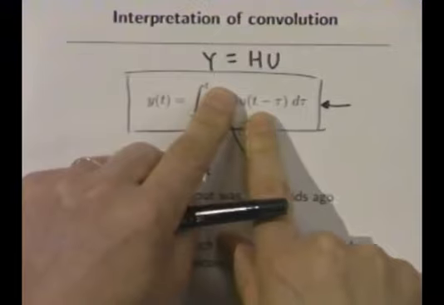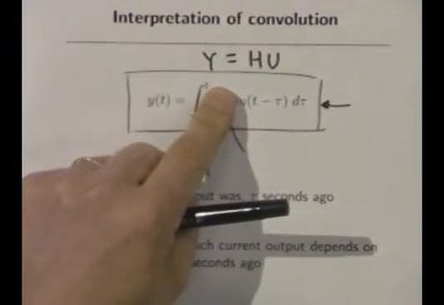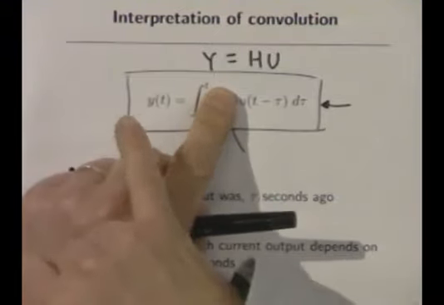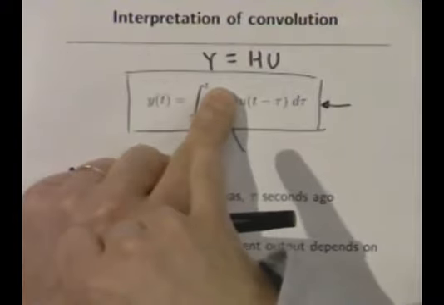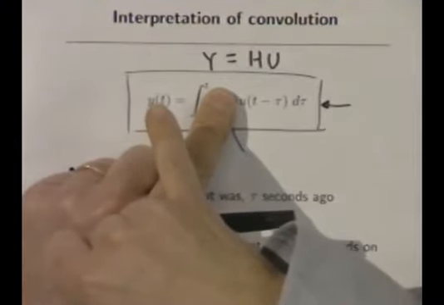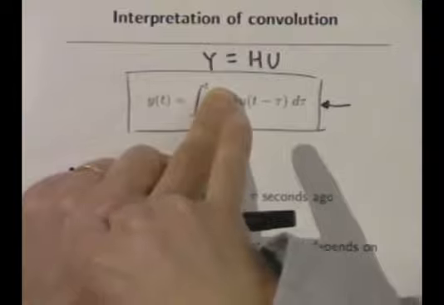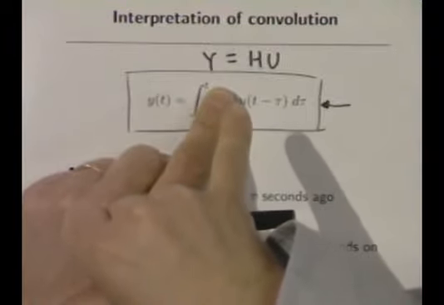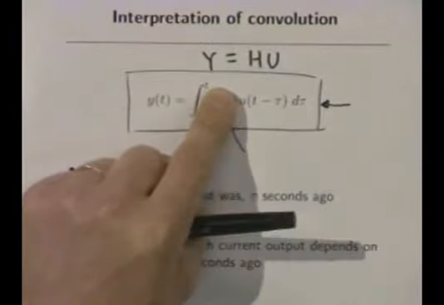So in a convolution, the output is a mixture of what the input has been between the beginning of time and now.